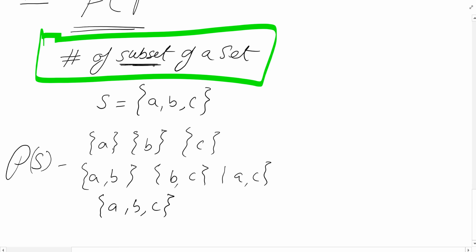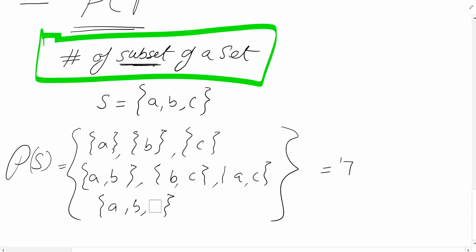Sometimes they call it the power set, but you don't have to call it anything. So how many subsets are possible there? 1, 2, 3, 4, 5, 6, 7. Right? There are 7. So the power set is made of 7 in this case. For proper subsets, it's going to be 1, 2, 3, 4, 5, 6.